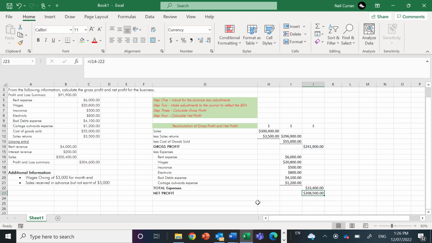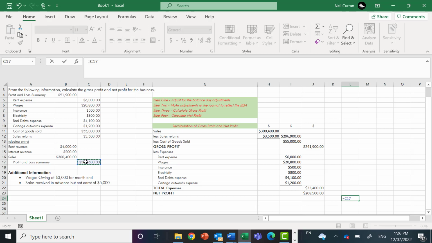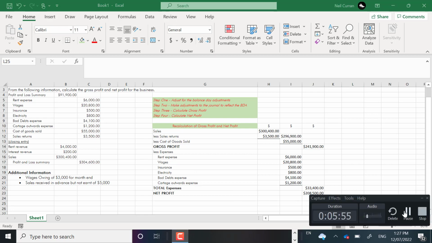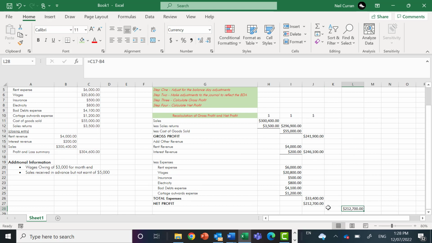So our net profit is $208,500, taking into account all the additional information which we've been given here. An easy check in which to actually do that is to get our profit and loss summary figure here, and minus from our total here. And that amount should equal what we've got here in our net profit.